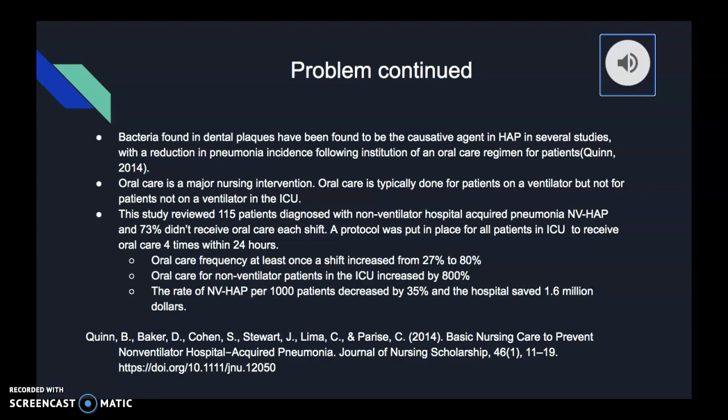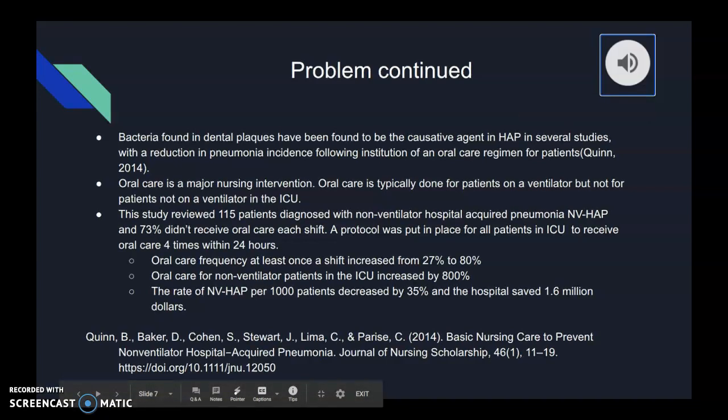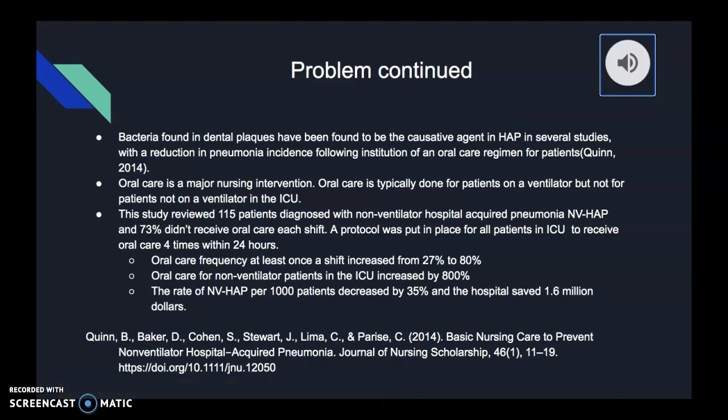Oral care for non-ventilator patients in the ICU increased by 800%, and the rate of non-ventilator HAP per 1,000 patients decreased by 35%, and the hospital amazingly saved $1.6 million.